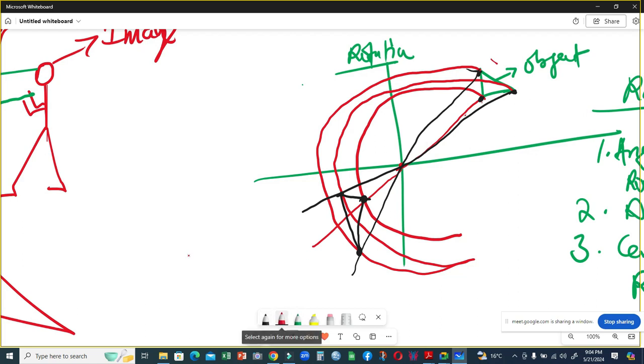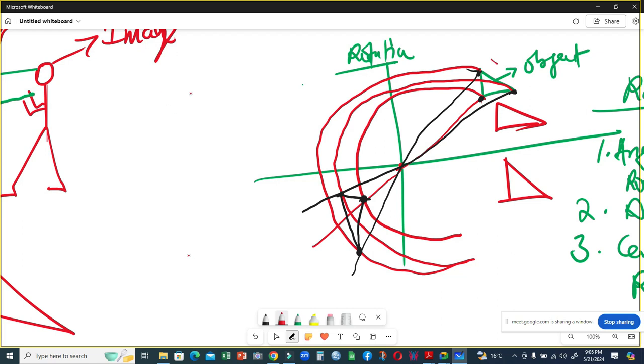So if the object is like this, then the image will not be like this if at all it's a rotation, because the image is rotating.